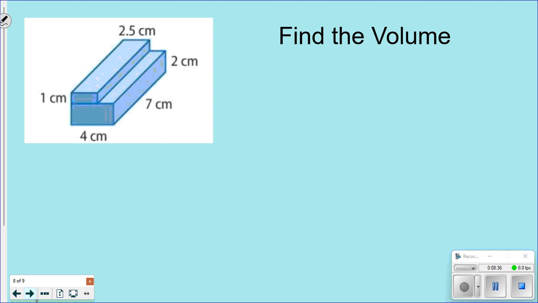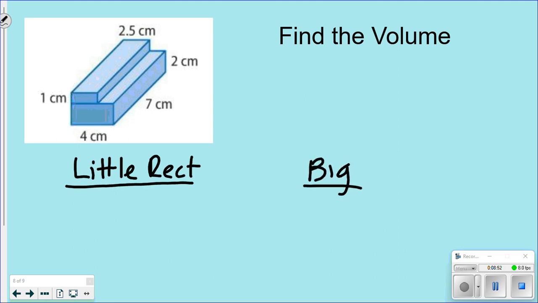The last one I'm going to talk about is this. So we're going to find the volume of this guy. So we have a little rectangular prism. Okay, so that's the little one. And we're going to do the big one. So let's talk about the little one first. So the area of the base times the height. So my base would be this and this.